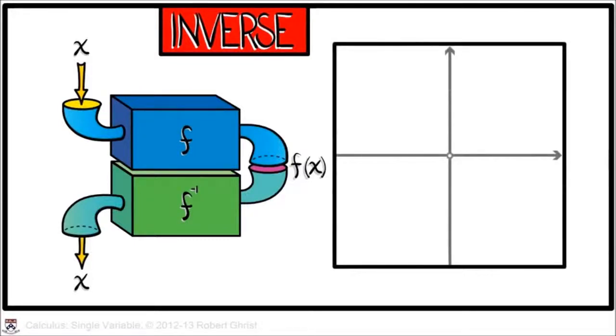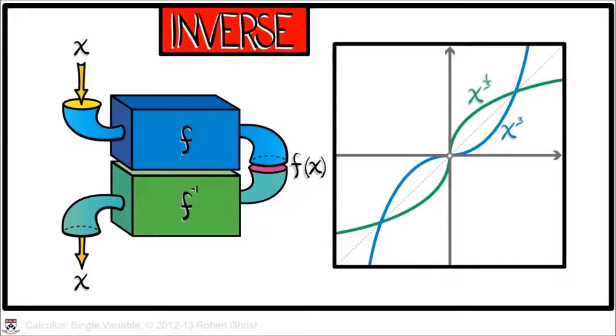Let's look at a specific example where we take as f the function x cubed. What would the inverse of this be? Well, it has to be a function that undoes whatever x cubed does. This is, as you may have guessed, x to the 1/3 power, or the cube root of x. Now, there are several ways to see why this is right. One is that in taking the inverse, we are reversing the role of the input and the output.